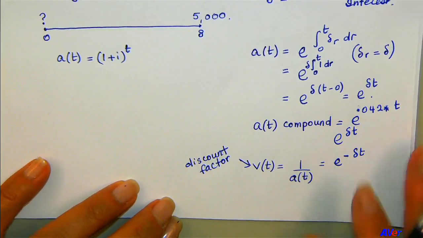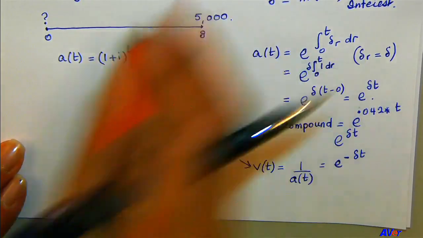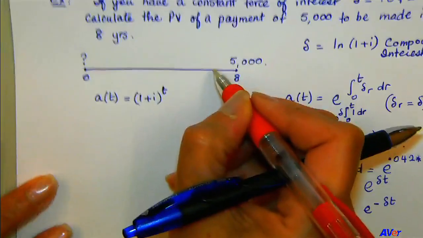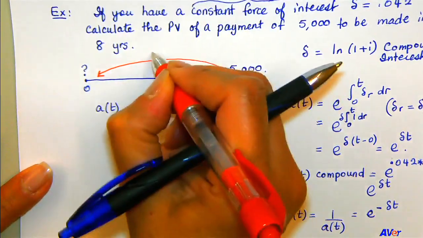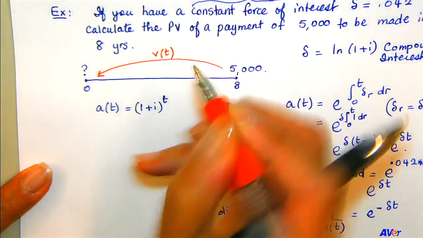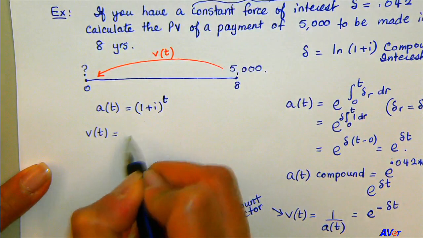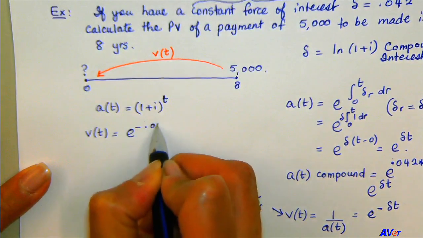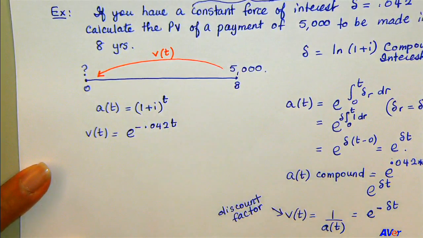Okay, so now what shall I do here to go from here to here? Multiply by v of t, where my v of t is equal to e to the minus 0.042 times t. My t is 8. I'm almost there.